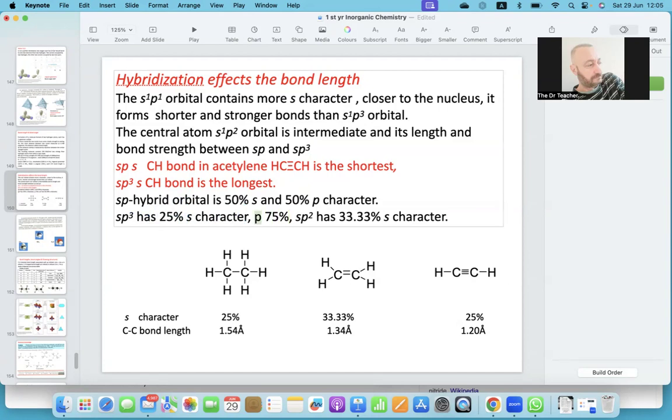Now, the sp2 has S orbital 33%. Okay, I have already written it. It has 33% S character, and the rest will be 66% of P character.